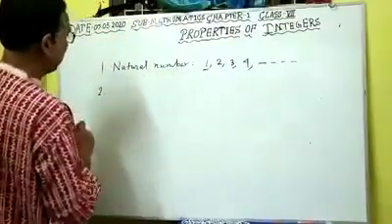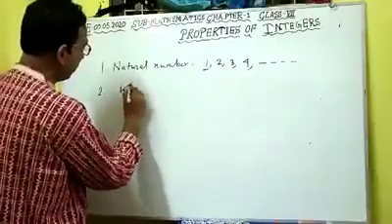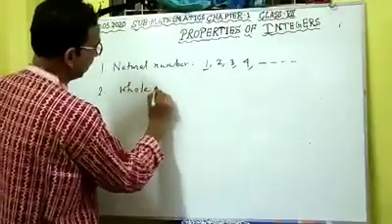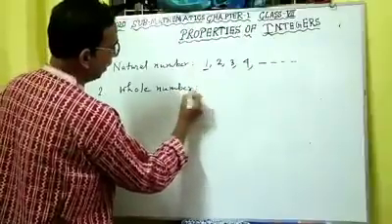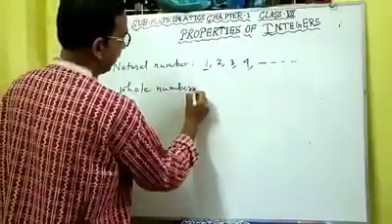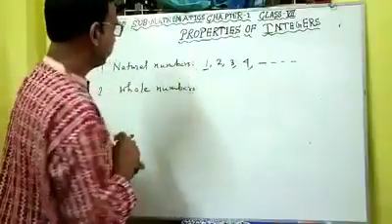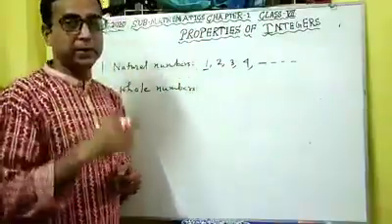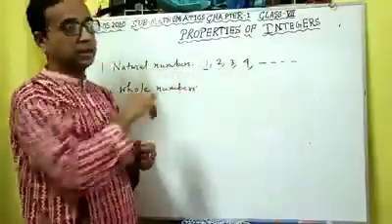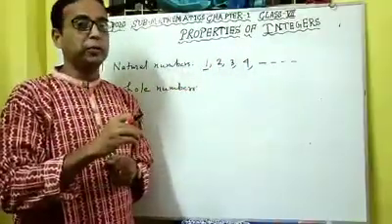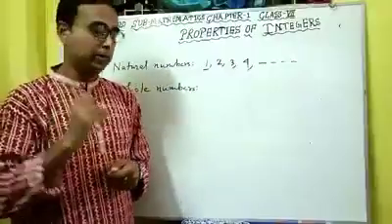Next, whole numbers. What are whole numbers? All the natural numbers along with 0 are called whole numbers.